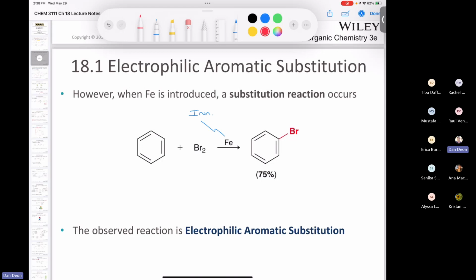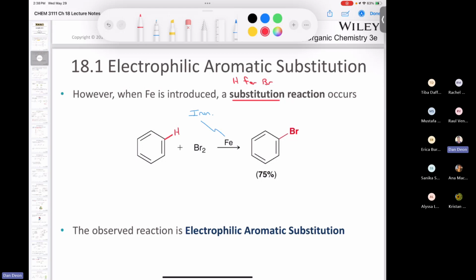We're going to substitute a hydrogen atom for a bromine, and that's why we call it a substitution. In this case, we're substituting H for the bromine, and we call this an electrophilic aromatic substitution reaction.